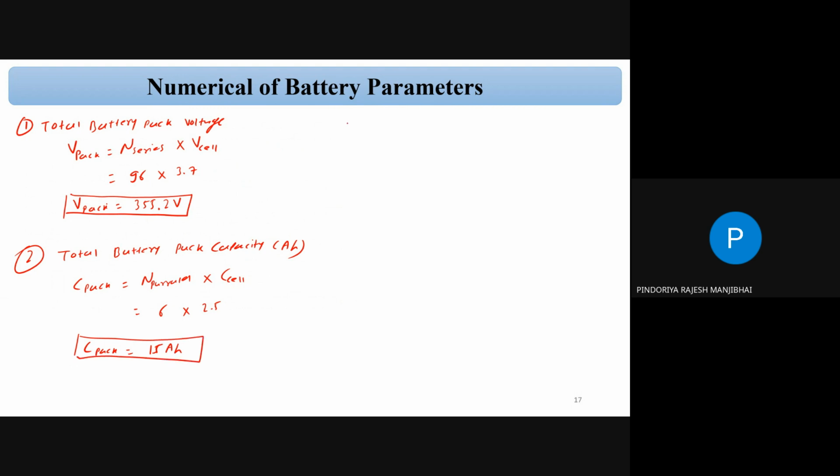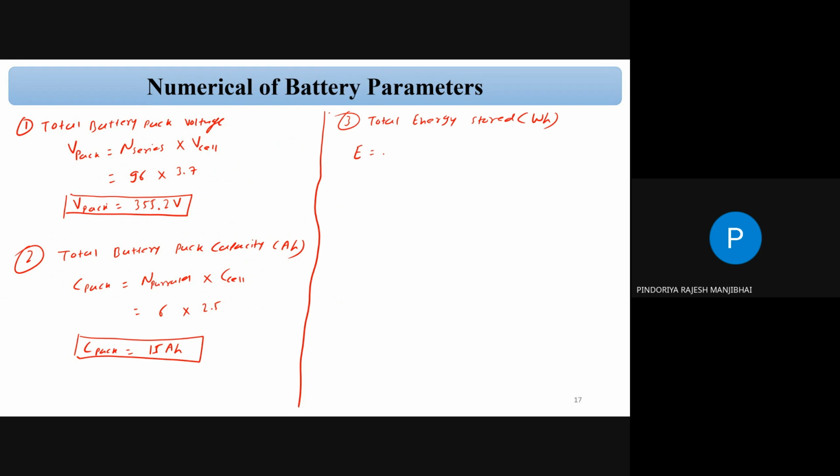Next parameter we have to find out, the third one, total energy stored, in watt hour. What is the formula?